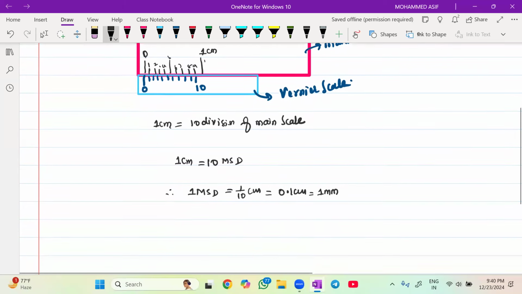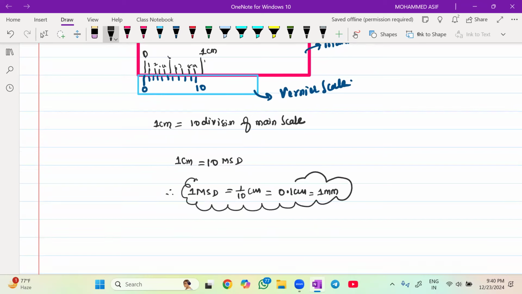Am I clear? 1 main scale division is equal to 1 by 10 centimeter, or 0.1 centimeter, or 1 mm.